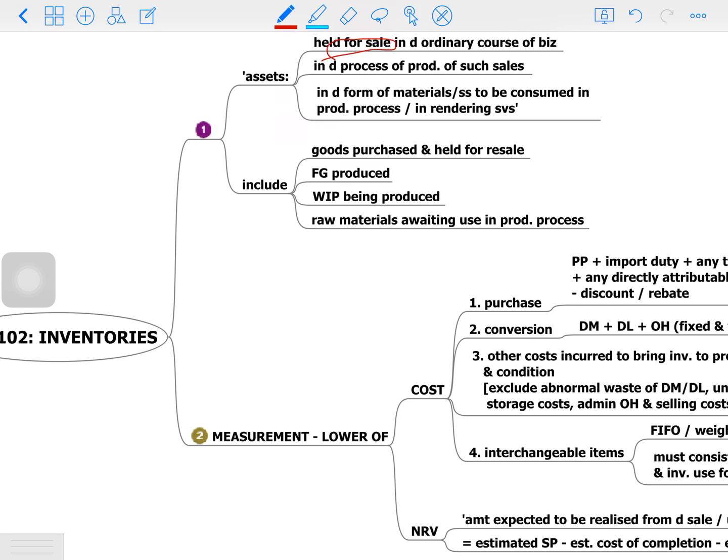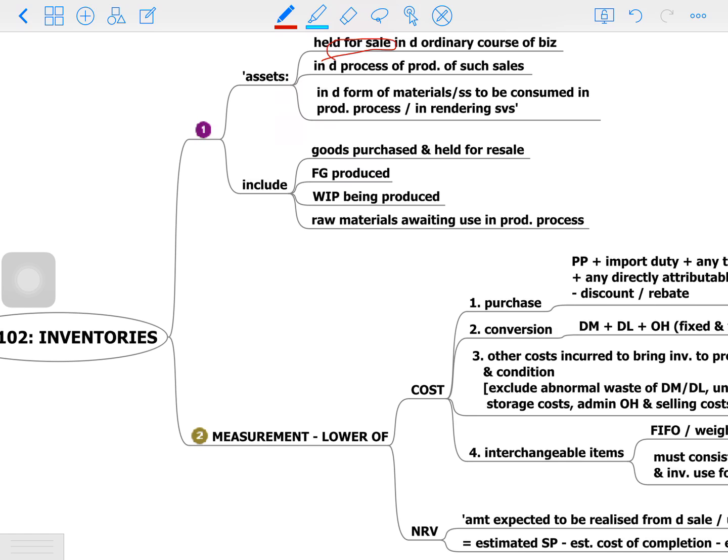So inventory is also an asset in the process of production, meaning that you produce your own inventories. A manufacturing company normally manufactures its own product and then sells its own product. So this is also inventories.